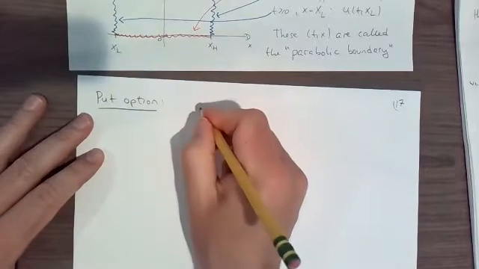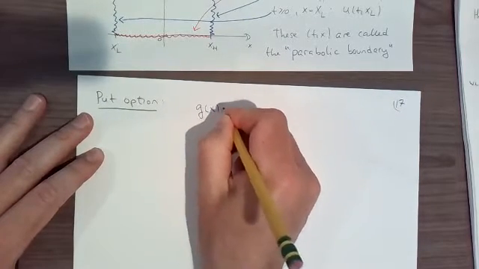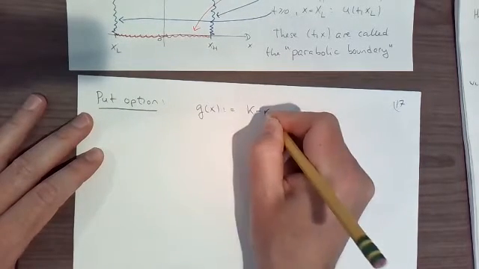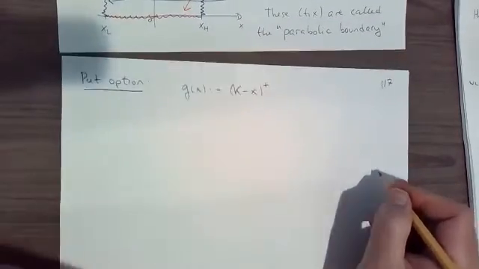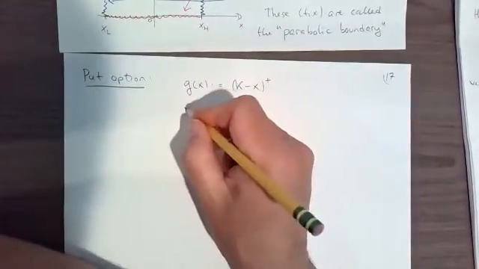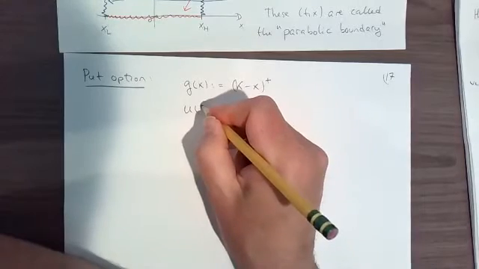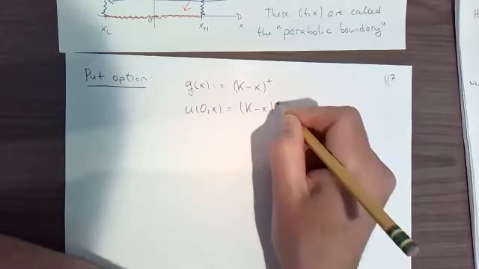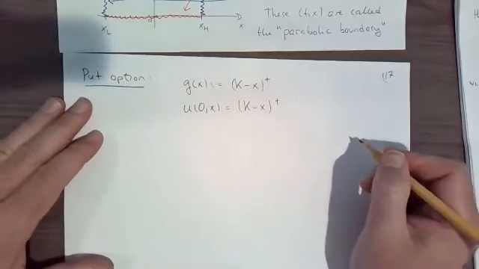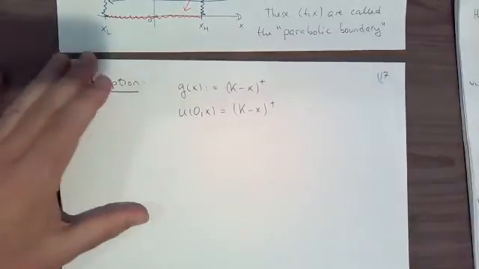then g of x would be (K minus x), positive part, right? So that means that you have your function at time 0 equal to (K minus x), positive part. And I shouldn't call it u, let me call it something else here.